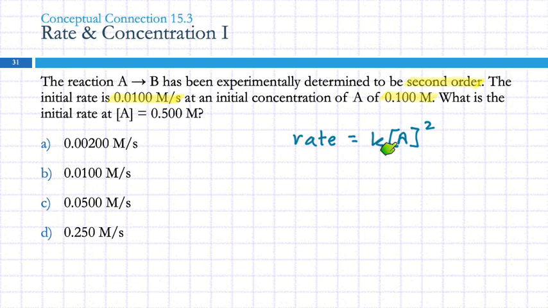So if the concentration is changing by times 5, then the rate is changing by times 5 squared, or times 25. So which of these is that initial rate times 25?